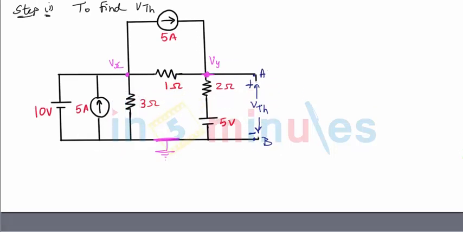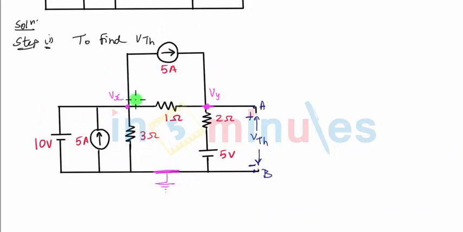So let's start with first step, in which we will apply KCL at node X. Now, if you observe carefully, I cannot apply KCL at this particular node because there is a voltage source between the node and the ground, which is the reference point. And hence, I cannot define the current through this particular branch.